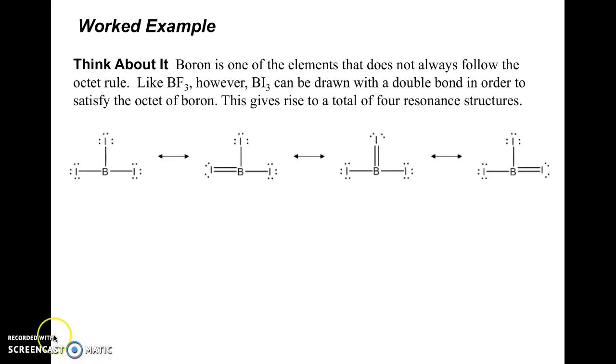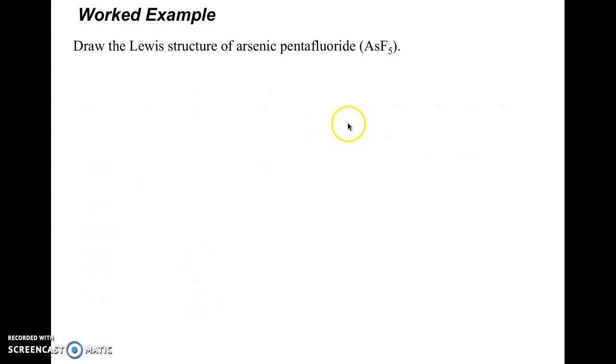Now, it's interesting that we could actually make some additional resonance structures by moving a pair of electrons off an iodine and forming an octet around boron. Those are possible resonance structures, and so in this case there's 4.